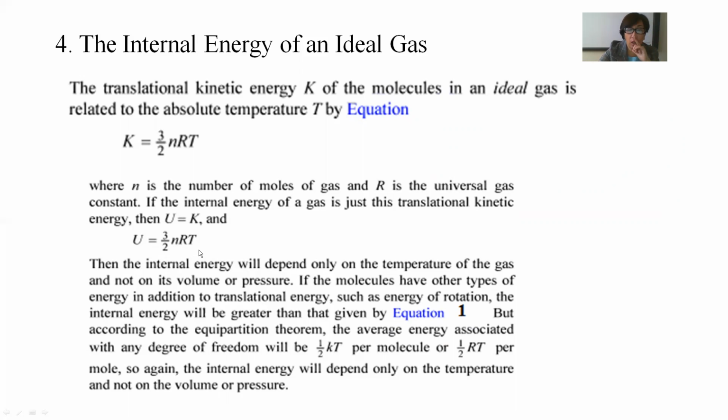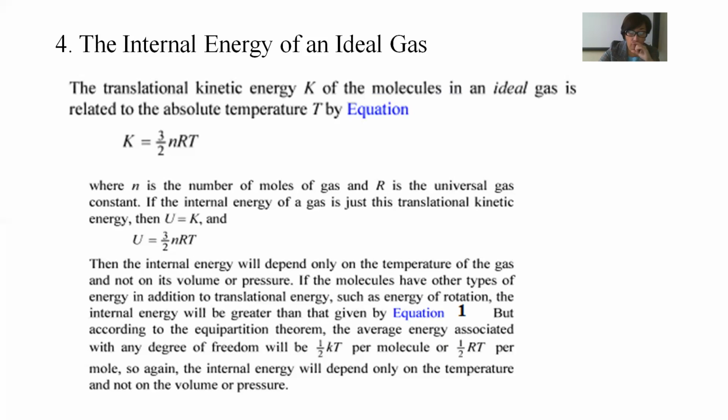Here f is the degree of freedom. For a monatomic gas, the degree of freedom equals 3.